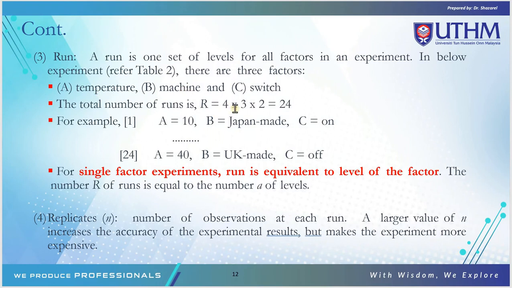The second factor, we have 3. And then the last factor, we have 2. So that means in order to find the run, we multiply the levels of each factor. So for the second example table just now, it is 24. So we have 24 different runs.